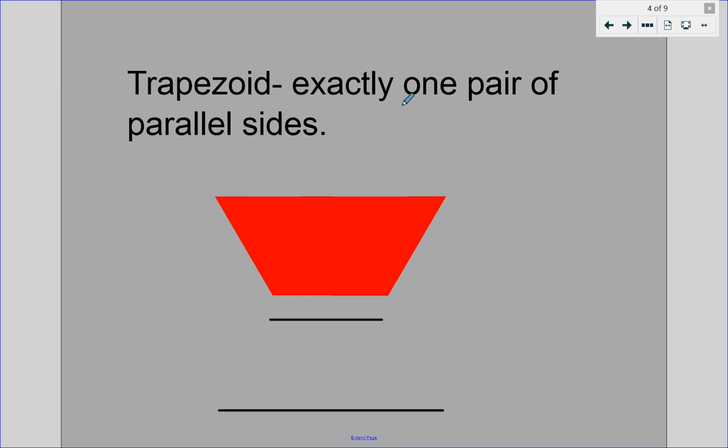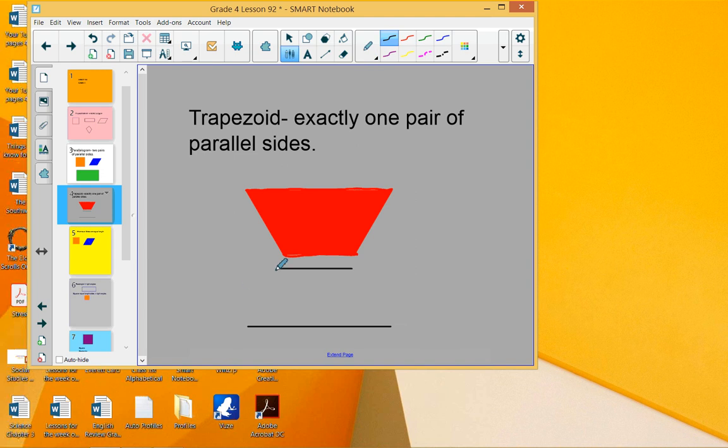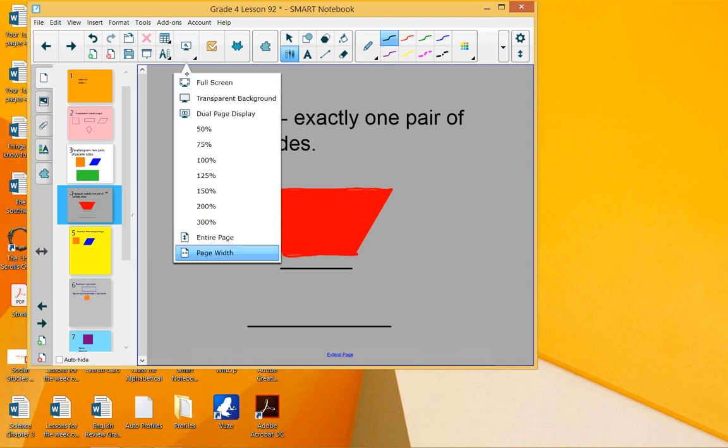Now, trapezoid. A trapezoid has exactly one pair of parallel sides. So on this one, the top one and the bottom one are parallel to each other. These ones, let's change that color a second just so we can see what I'm talking about a little better.